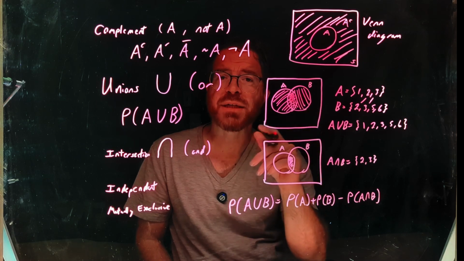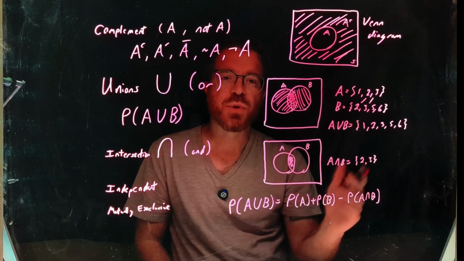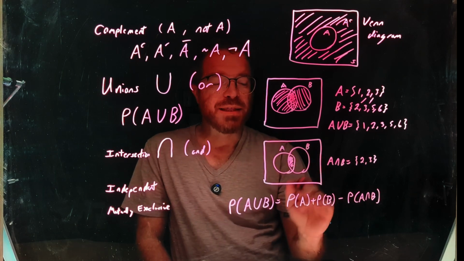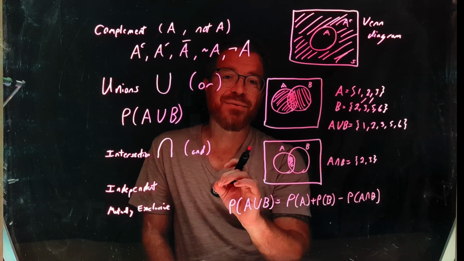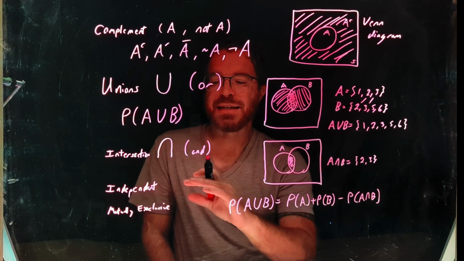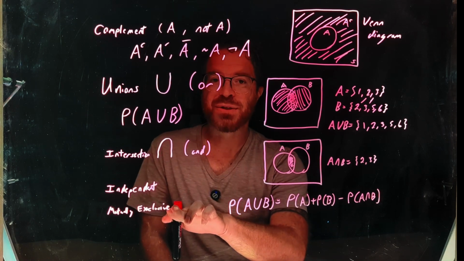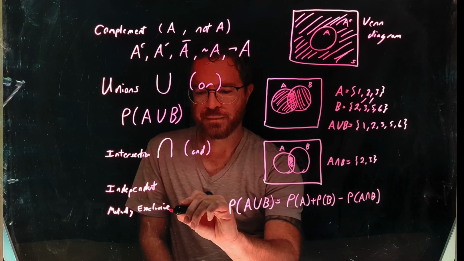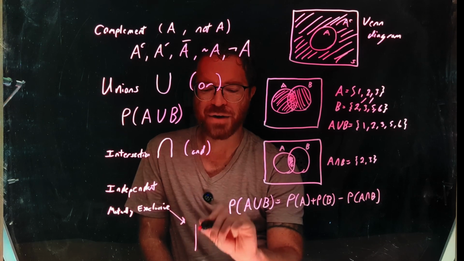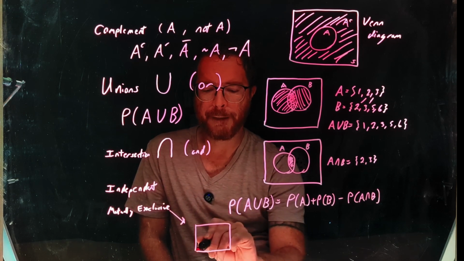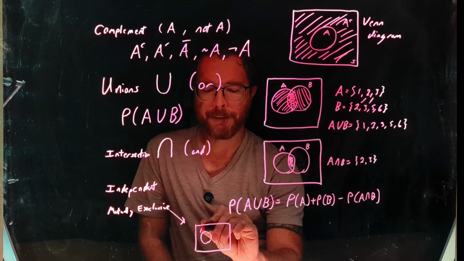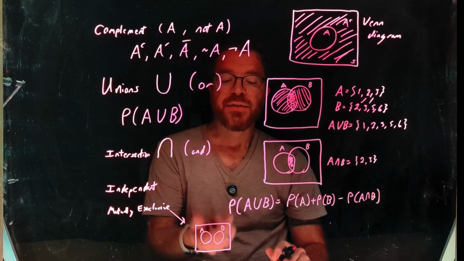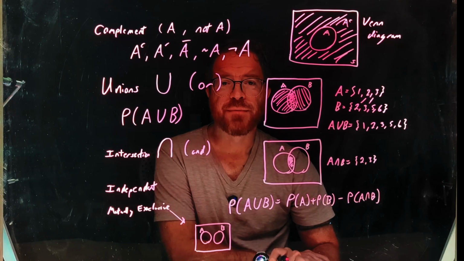But we've double counted the probability of A and B, so we have to subtract one of those out. So in this case, if I have an event that is mutually exclusive, this means that if I were to draw this Venn diagram, A and B have no overlap with each other.